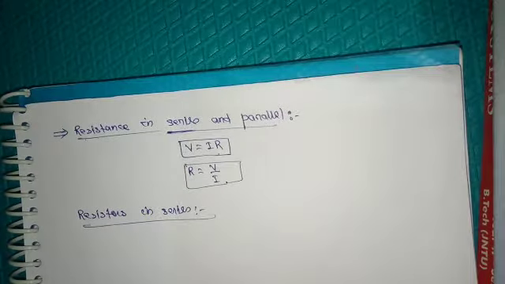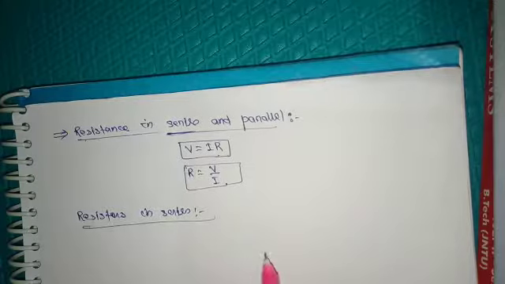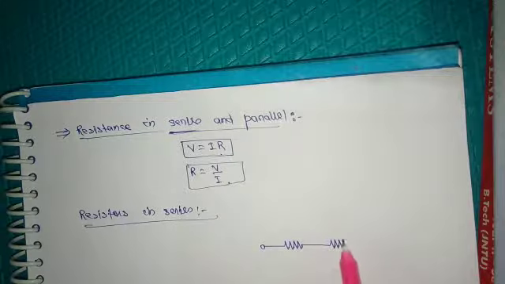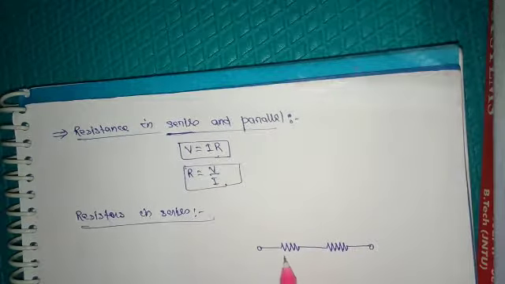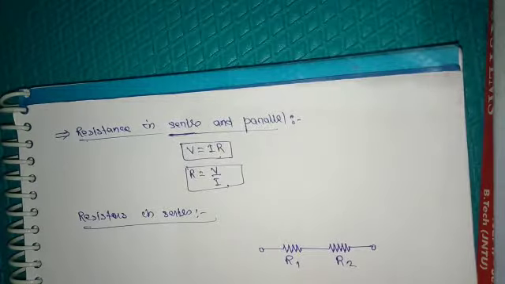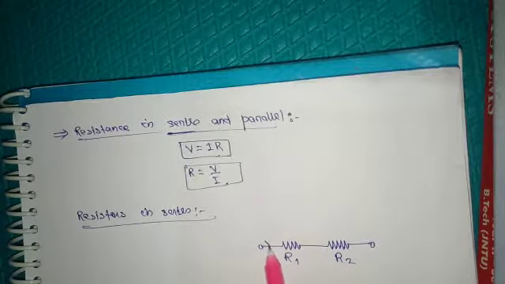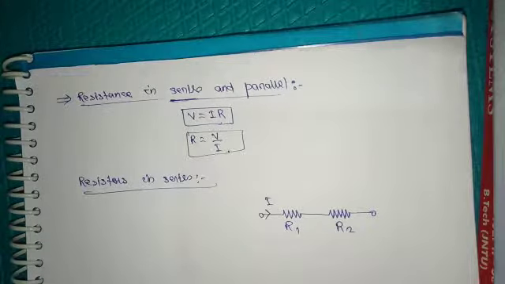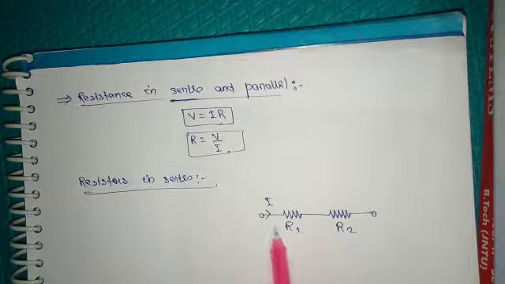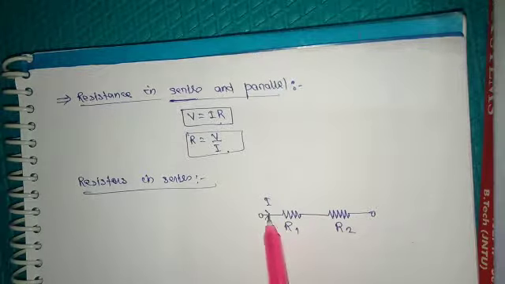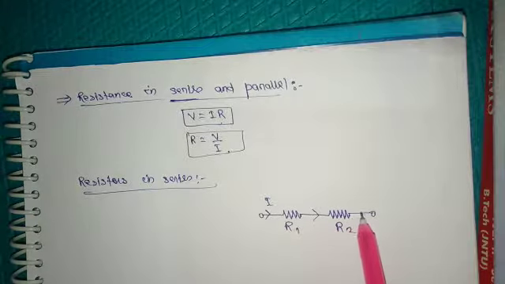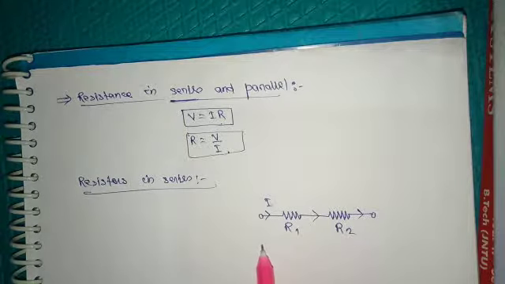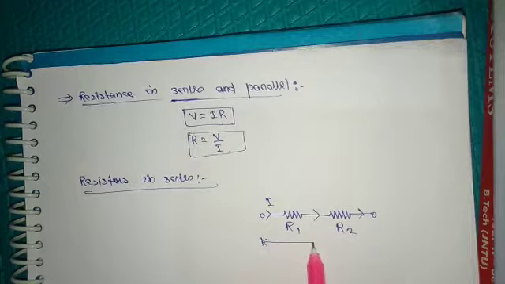Let us take only two resistors, R1 and R2, with current I flowing. Whenever resistances are connected in series, the current will be the same throughout the network, but the voltage will change.